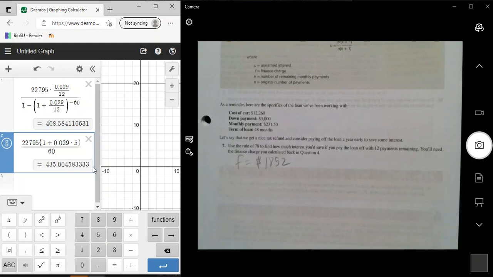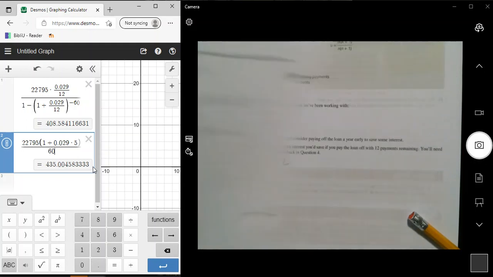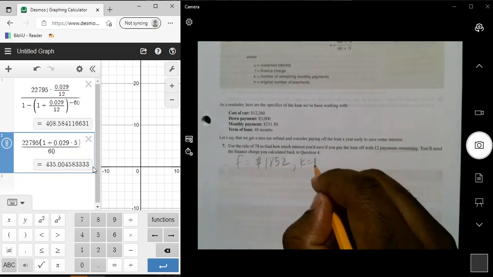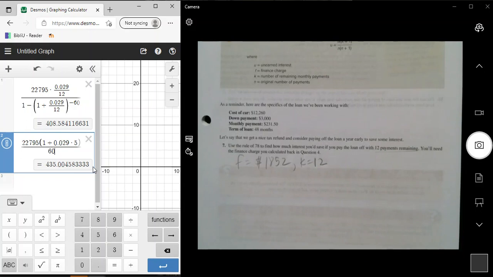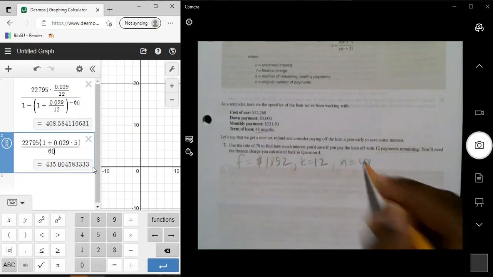That is what we got when we did question 4. Now K, remember we want to pay it off with 12 payments remaining. So K is 12. And then N is the original length of the loan, which is 48 months.